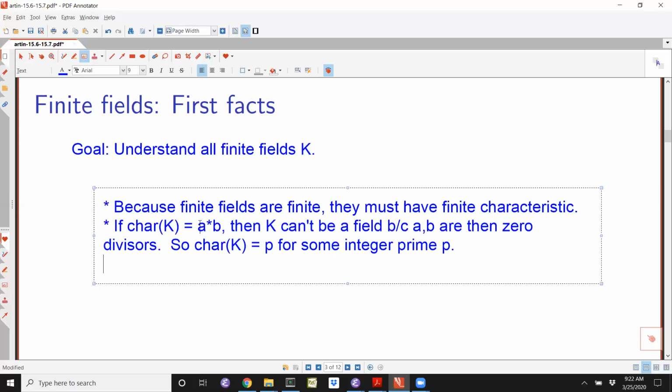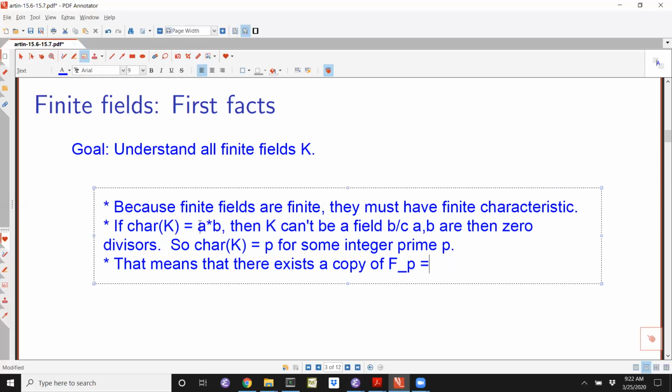What else do we need to know? That means that there exists a copy of F_P inside K, because what you have inside K somewhere is a copy of the integers mod P, right?